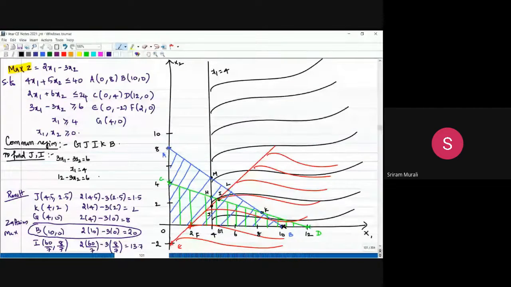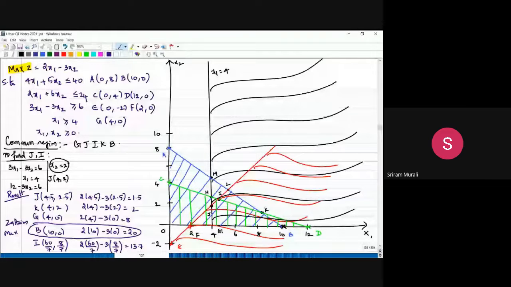This implies 3x2 is equal to 6. x2 will be equal to 2. If x2 is 2, then J will be equal to 4 comma 2. J is equal to 4 comma 2.